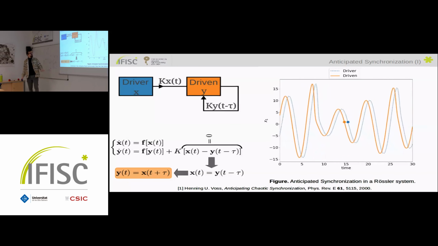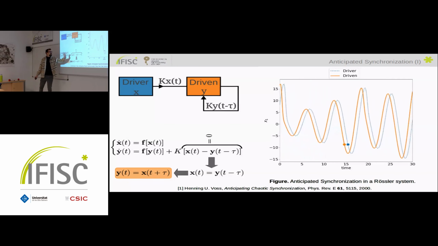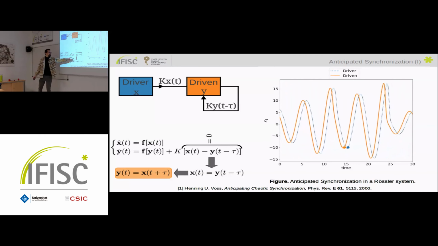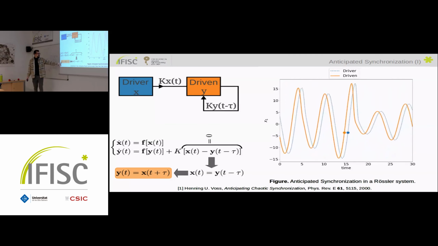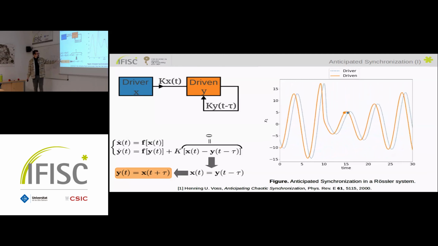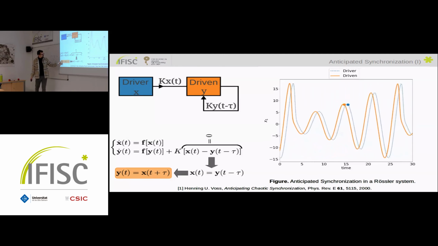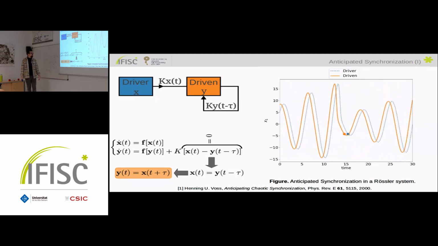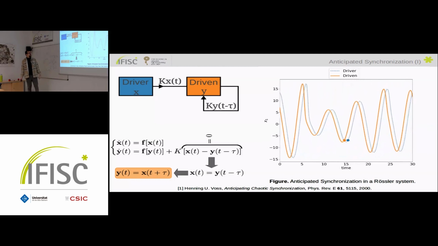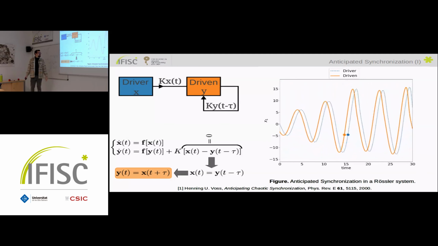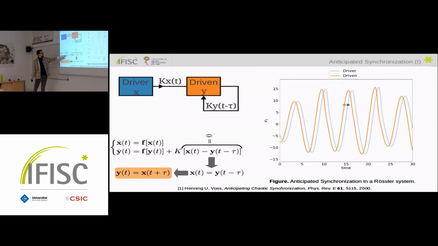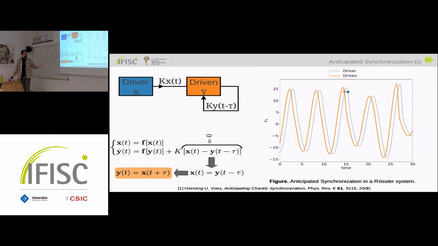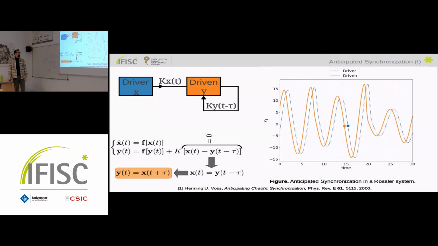So if we make the assumption that this coupling is 0, and we find what the solution is, it is this one. So it means that the current state of the driven system is the future state of the driver system. And this was a solution that we got with this assumption, but we can check that if we plug this into this equation, this is, of course, a valid solution of our system.